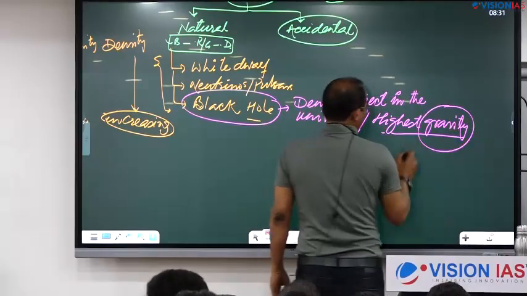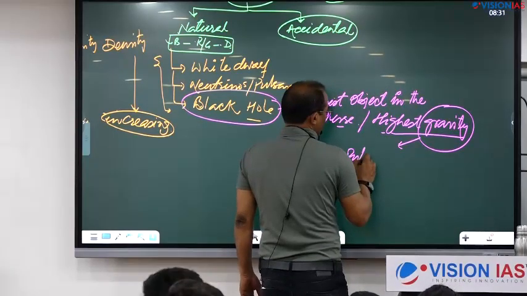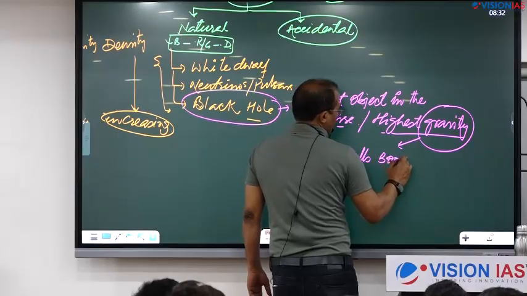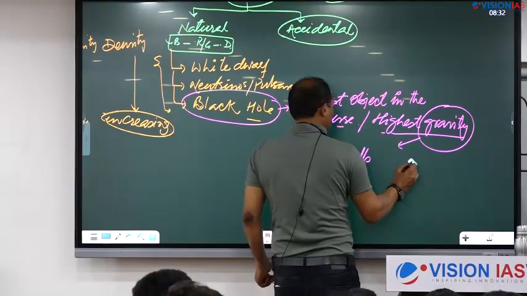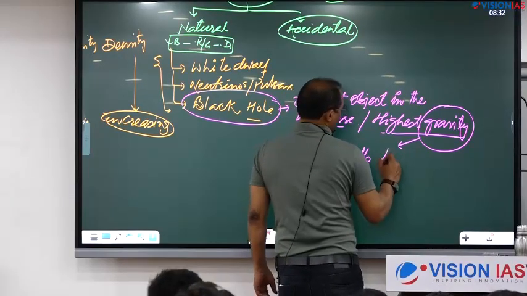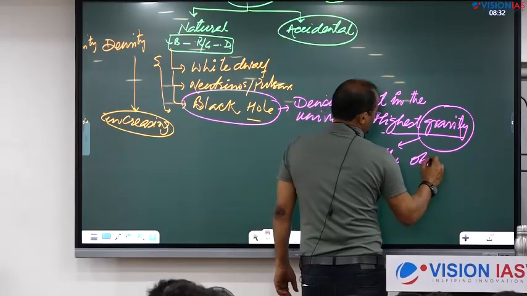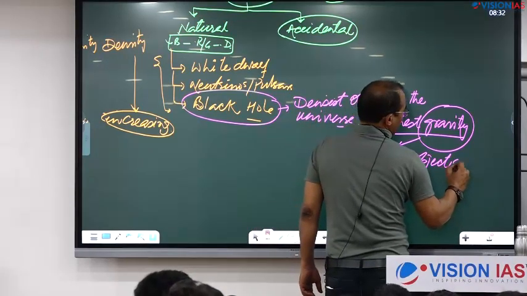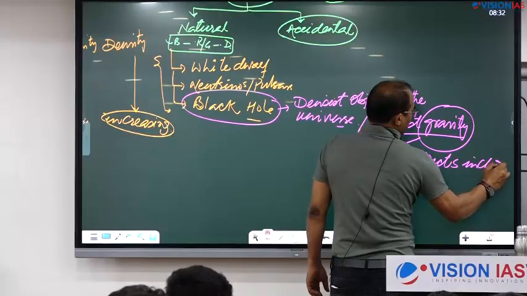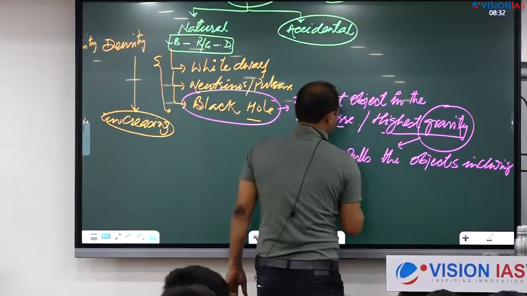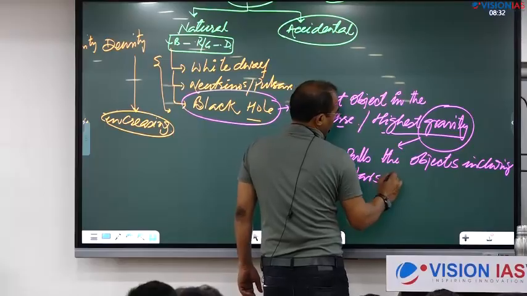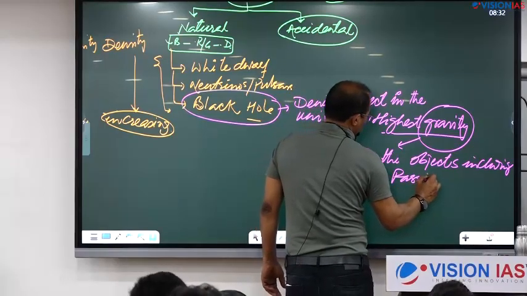Because of its high gravity, it pulls sometimes the objects, including stars, passing nearby.